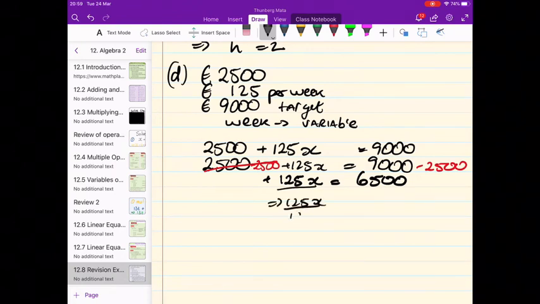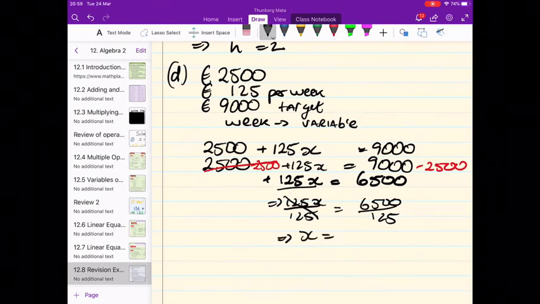So then I have 125x divided by 125 is equal to 6,500 divided by 125. That leaves me with x is equal to, right, how many 125s will there be in 6,500? Well, there'll be 4 in 500, so there'll be 8 in 1,000. So we have 6,000, so 6 eights are 48, and then another 4, 52 weeks. So you have to save for a full year.